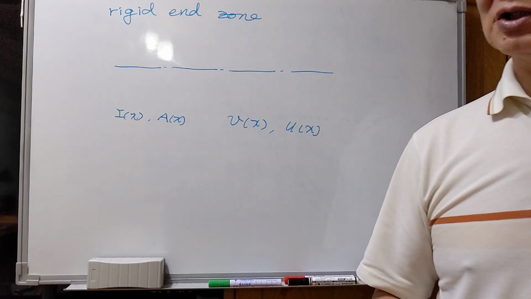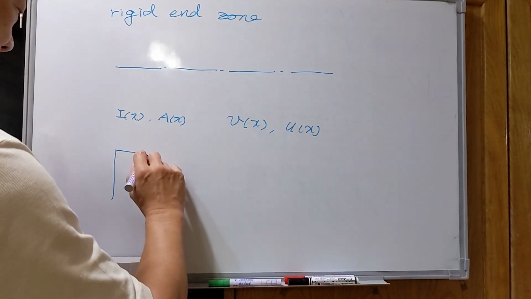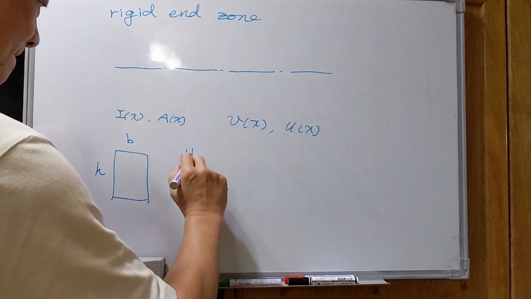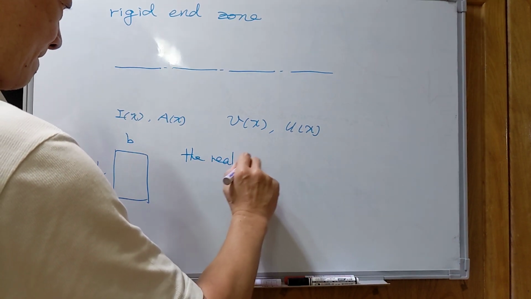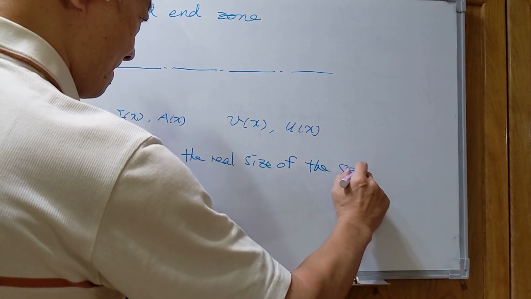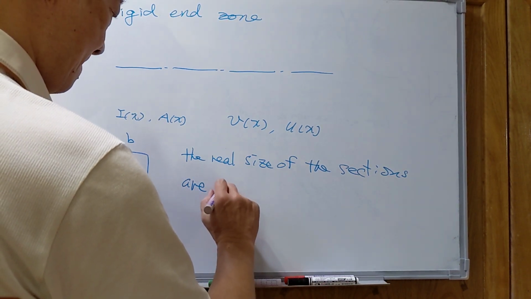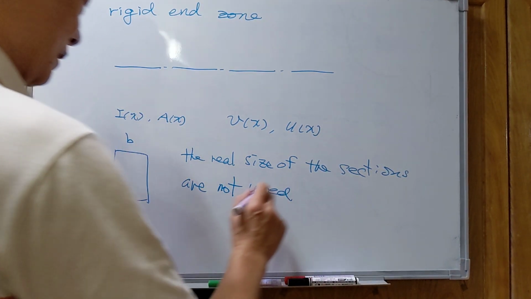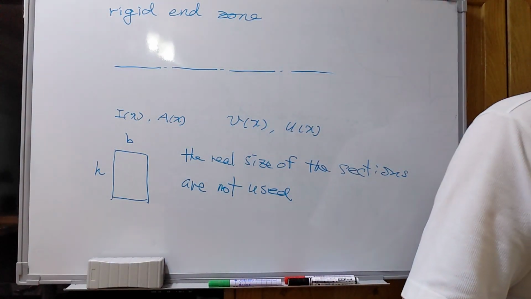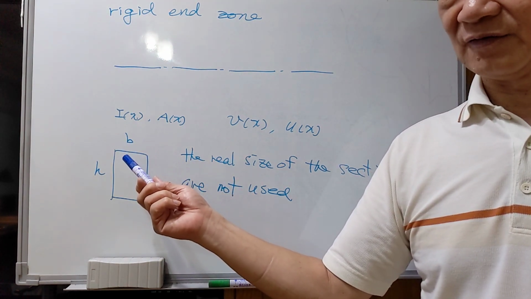But actually, we don't need the real size of the dimensions. When we derive the flexural stiffness or the axial stiffness, we don't really need the real size of the sections.